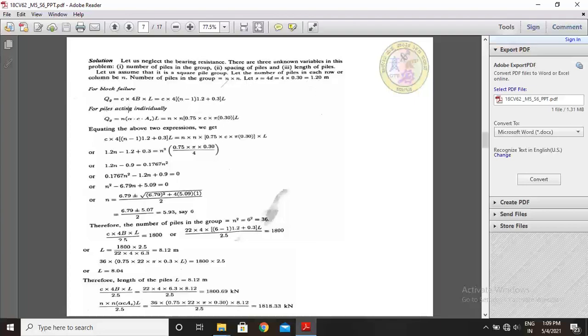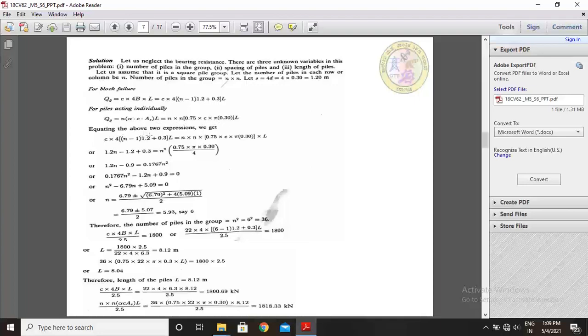For block failure, the relation is Qg equal to C into 4B into L. Then for piles acting individually, the equation is Qg equal to N times alpha C As into L. Now substitute the values here.